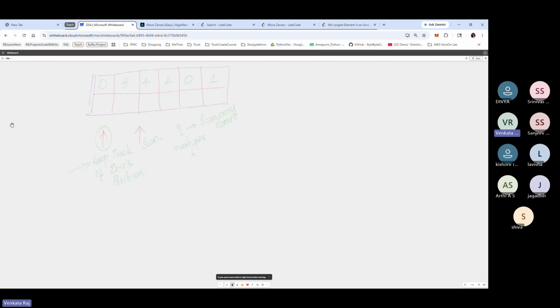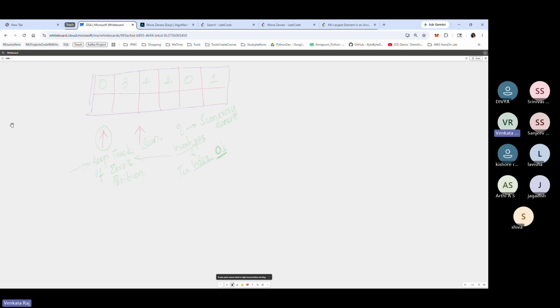The insert position pointer will track the zero position, so it will have the index of zeros, so that you can place the non-zero element here. You can remove the zero and place your non-zero element here. That is the whole idea. So let's see the algorithm.